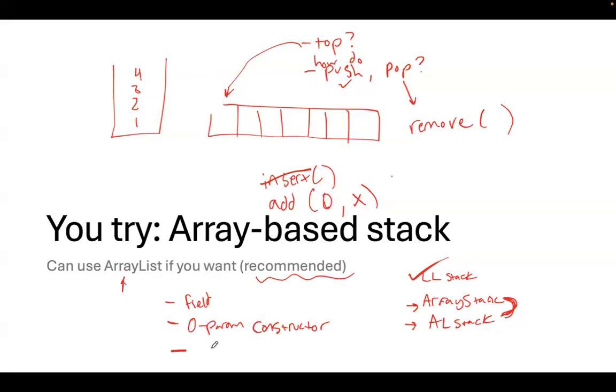And then I want the NQ and DQ methods. What does that look like in terms of these operations, which we've talked about? Okay, so go ahead and do that. Talk with your neighbors again as needed, and I'll go walk around.